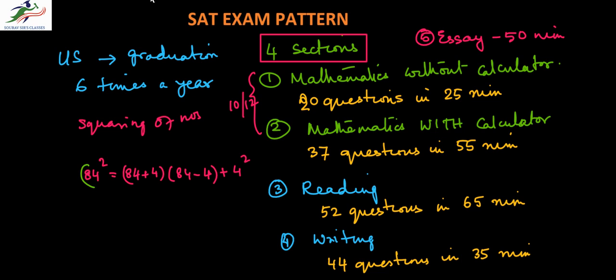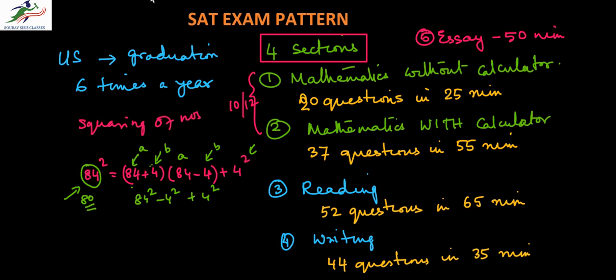So this is my original number, which is A, and I'm adding 4, which is B. Why am I adding 4 and subtracting 4? Because I want to get to the nearest multiple of 10, which is 80. So I'm subtracting 4 here. So A plus B into A minus B becomes 84 square minus 4 square, and that's why I'm adding this 4 square or B square.